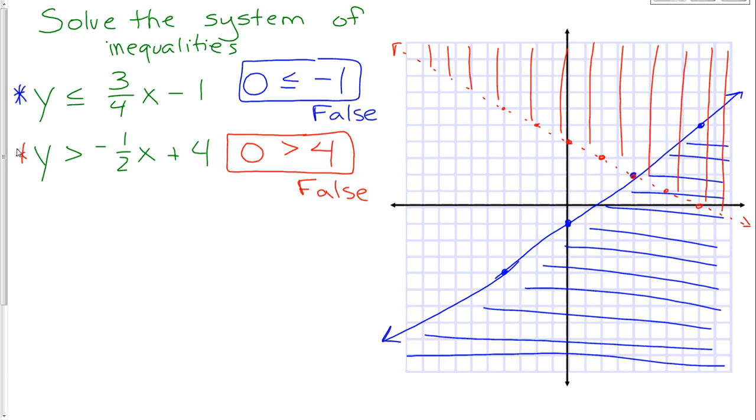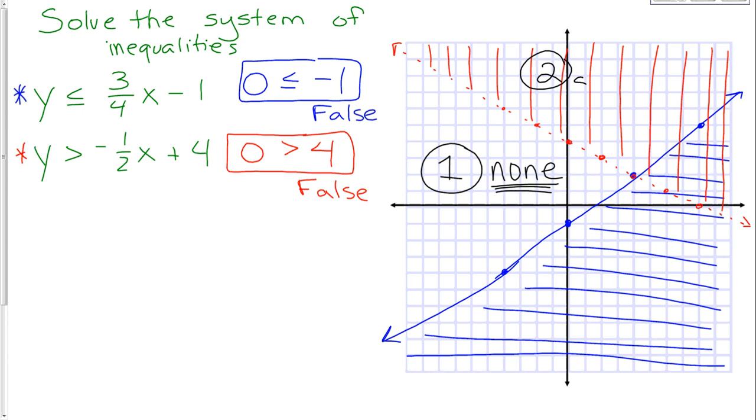So hopefully what we've noticed now is that we've cut the graph into 4 sections. The first section is blank. That means this section contains solutions to none of the inequalities. The second section is only colored in red.